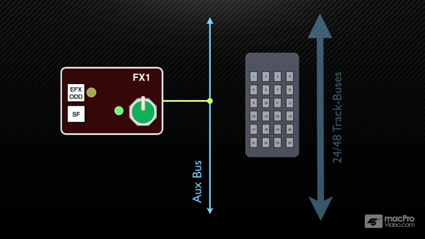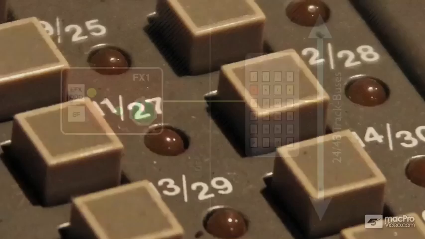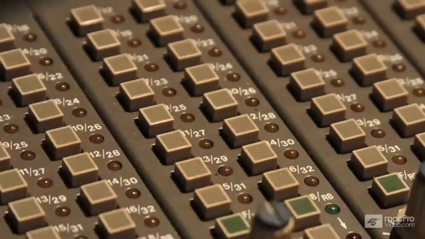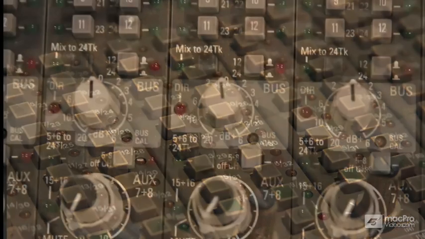Pressing this disconnects the local AUX send from the AUX bus and changes its function to feed the multitrack matrix. This means that you can use some or all of the multitrack buses as effect sends if you would like. And given that most large consoles have between 24 and 48 track buses, that's a lot of effects.